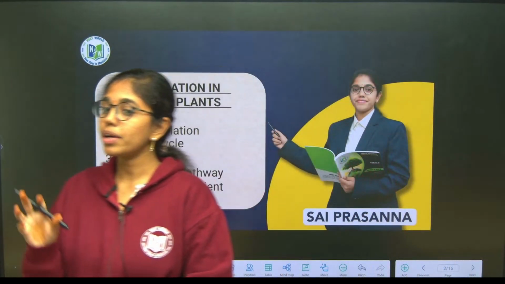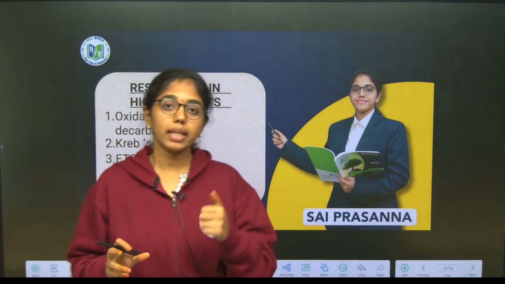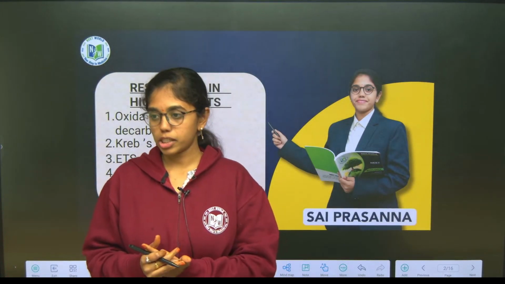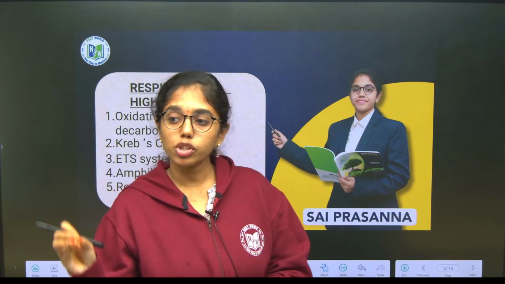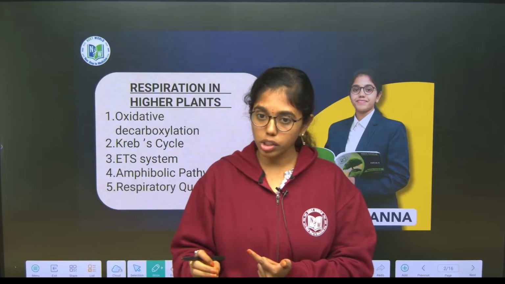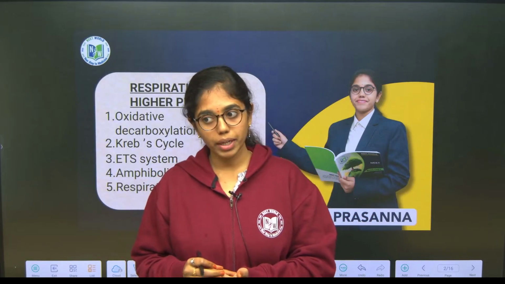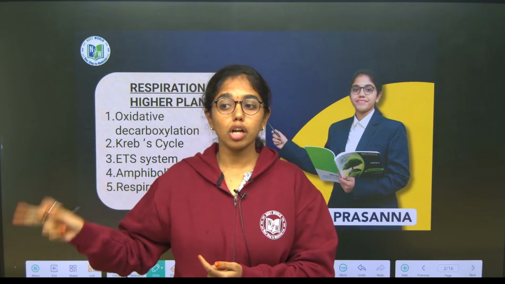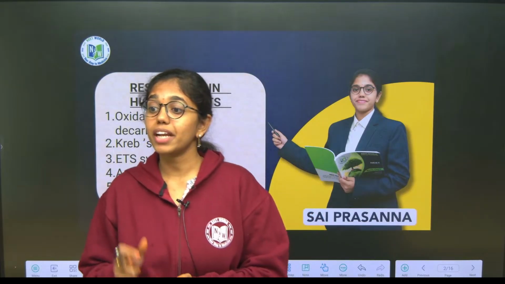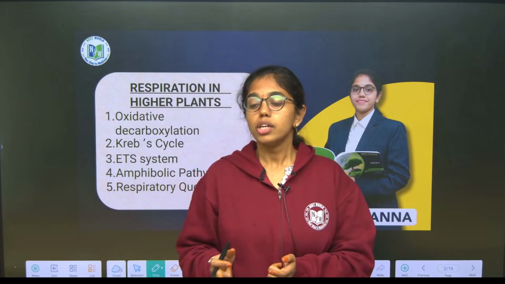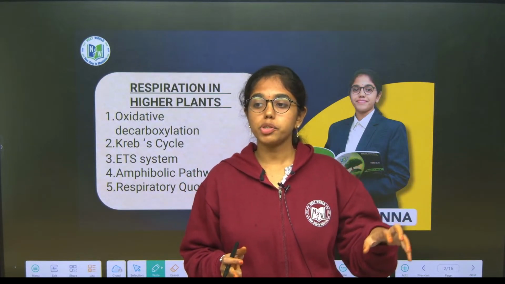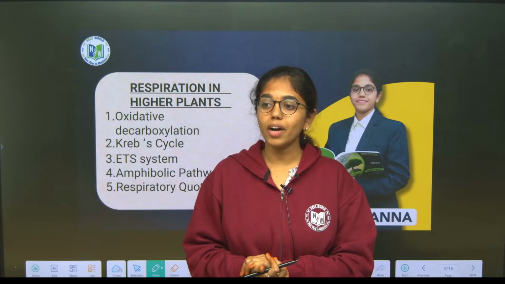Glycolysis, which is the common respiratory pathway both in aerobic and anaerobic respiration. Respiration is of two types based on the presence or absence of oxygen for the oxidation of food materials, and respiration is also of two types based on the respiratory substrate that is going to get oxidized. So, if the respiratory substrate is proteins, then it is called what?